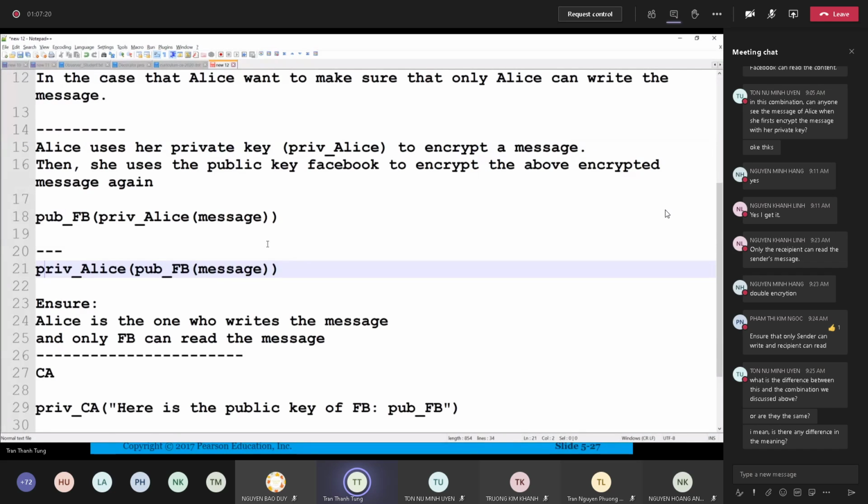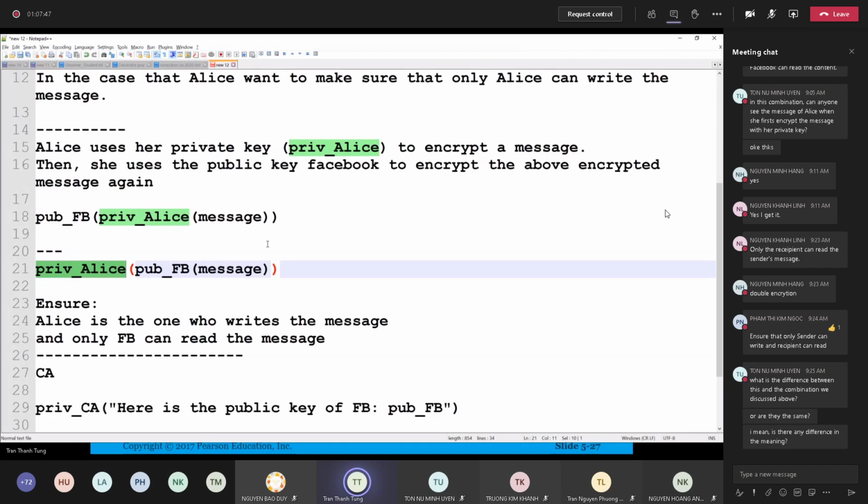Let's say Facebook doesn't want to access the company private key frequently. They just try to minimize the time that they have to access the private key because they don't want to open the private key many times.